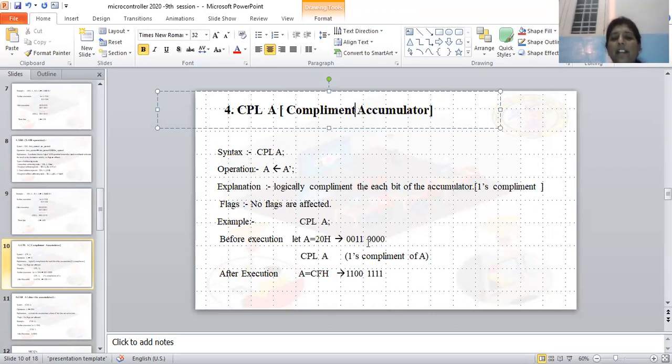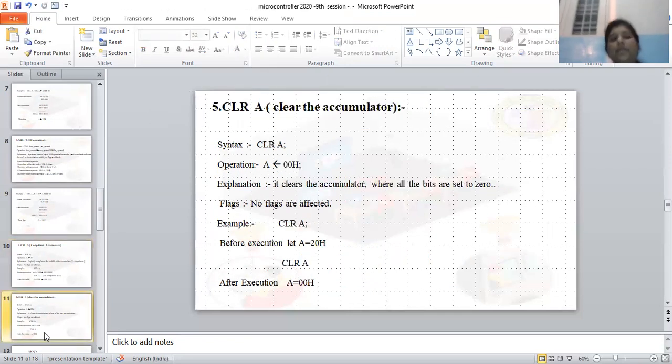Convert that into binary, that is 00100000. After the execution of CPL A, it will take the one's complement of 20H, so it will become 11011111. Therefore DFH will be copied into the accumulator register.